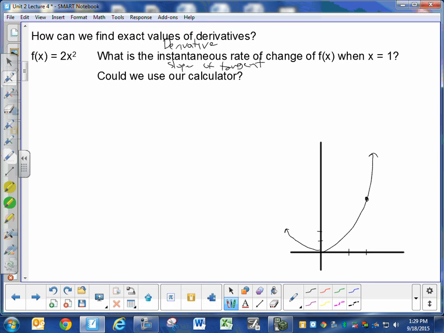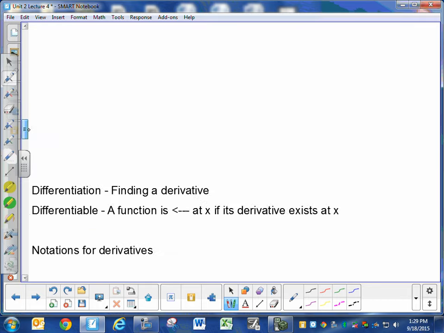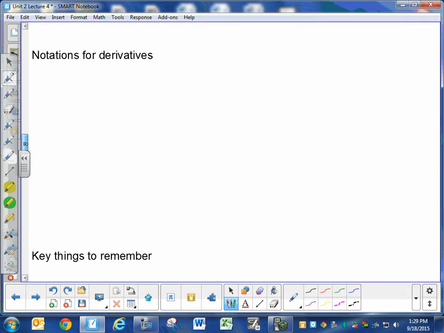Second thing I'm going to introduce to you is that this entire statement can be written as just a simple expression using math notation. So before we start diving into that, we're going to talk about notation for derivatives. Okay. We know f of x is a function. Well, we will use f prime of x.